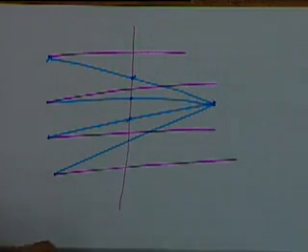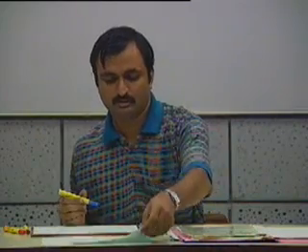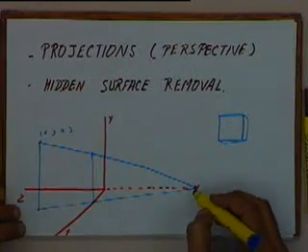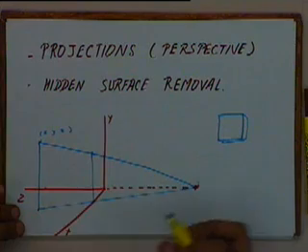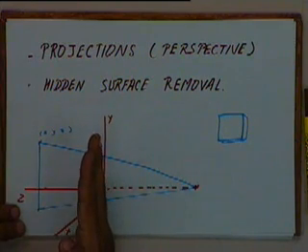So in the case of a perspective projection, we always define the location of the eye and we define a projecting plane.